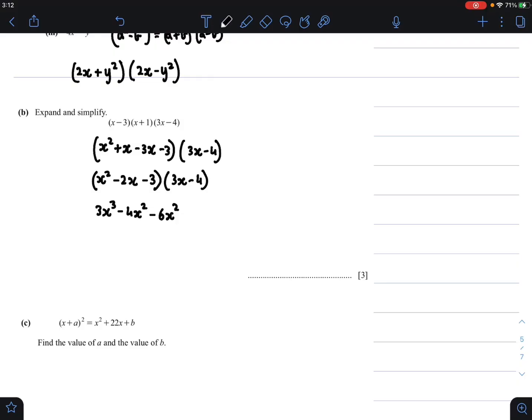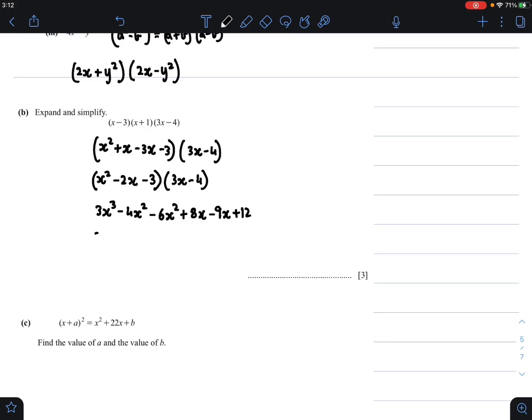Negative 2x multiplied by negative 4 is positive 8x. Negative 3 multiplied by 3x is equal to negative 9x, and negative 3 multiplied by negative 4 is positive 12.